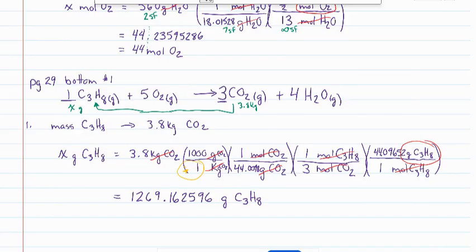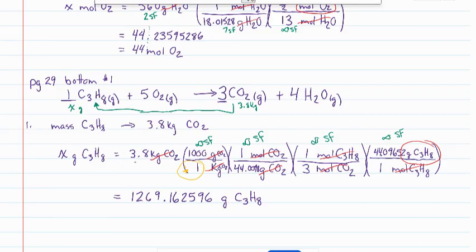Now we are going to look at our significant figures. Remember that each of our conversion factors has an infinite number of significant figures. And this one is also infinite because it's a conversion factor.